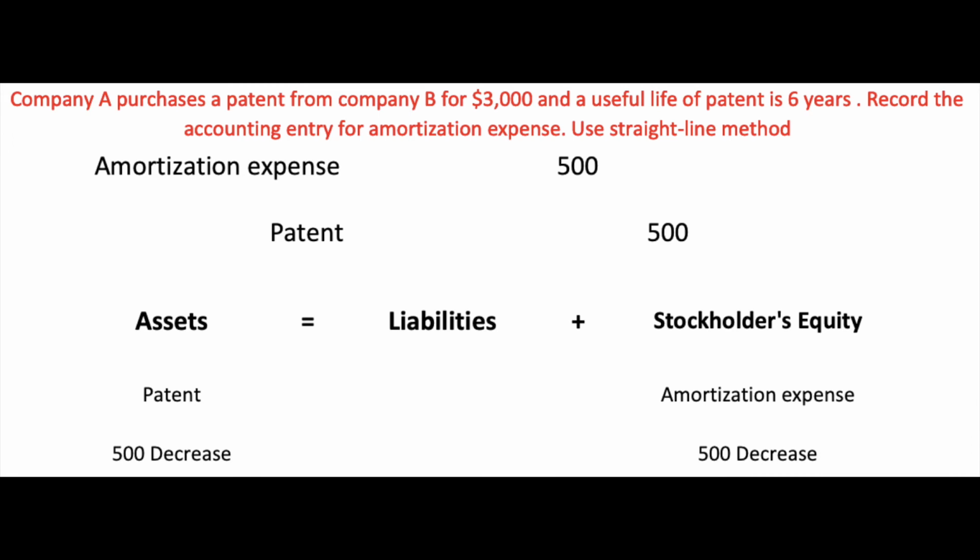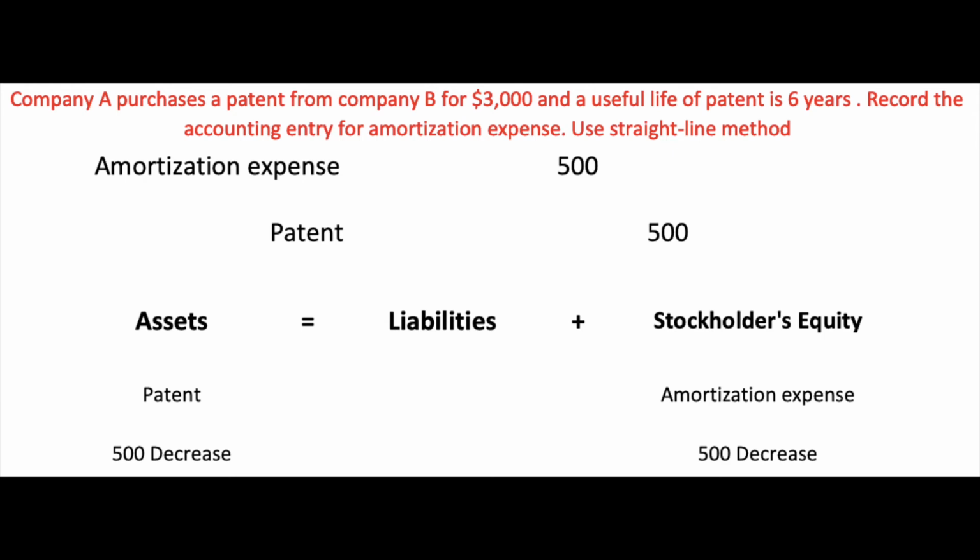10. Company A purchases a patent from Company B for $3,000, and the useful life of the patent is 6 years. Record the accounting entry for an amortization expense. Debiting amortization expense for $500, and crediting patent for $500 to record annual amortization of the patent.